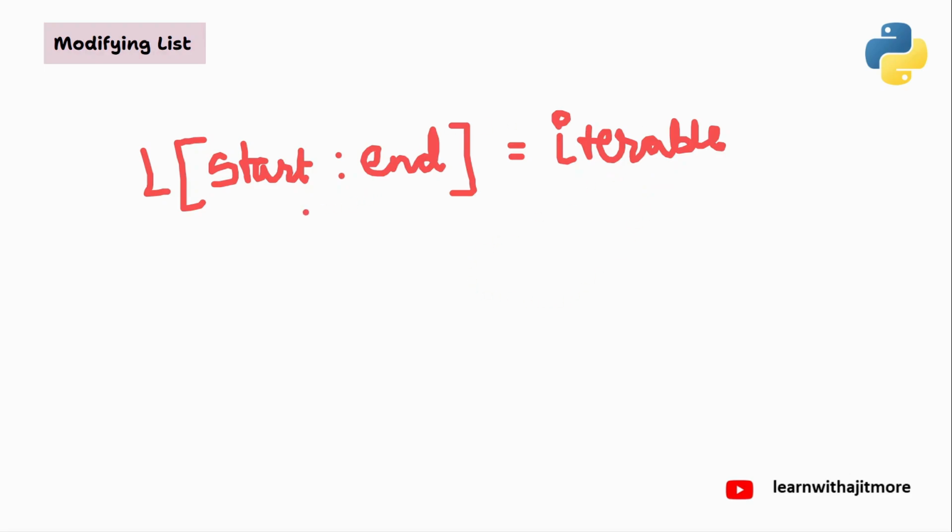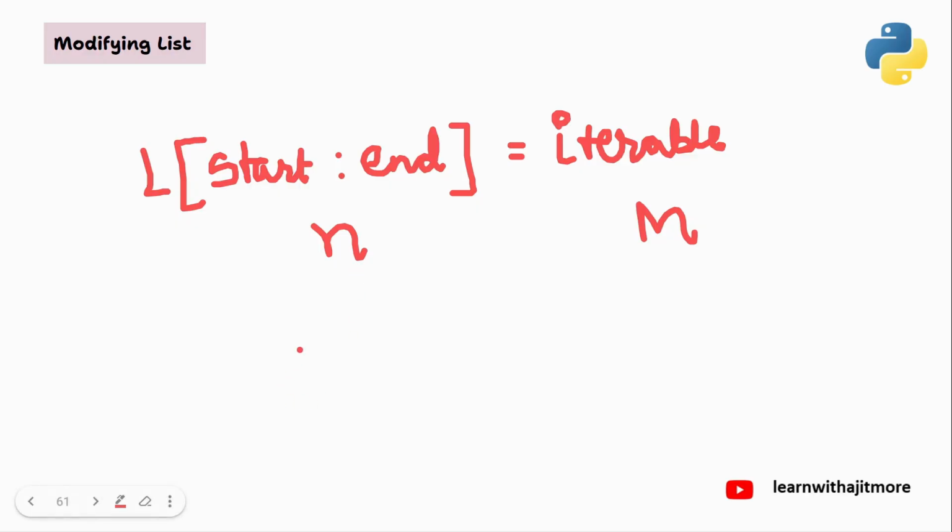It is not necessary that the number of items you are replacing and the number of items by which you are replacing are the same. The count need not be the same. Like from the start till end, you have n elements, and in this iterable we have m elements. So n and m need not be the same. m can be more than n also, m can be less than n also.